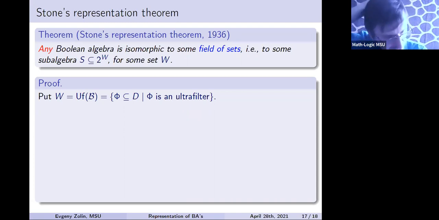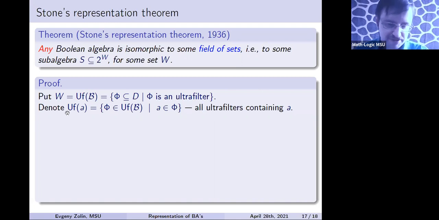The same criterion holds: a filter is prime if and only if the intersection, or in this case the conjunction, of elements from the filter belongs to this filter, and so on. So some ultrafilters are principal, some are non-principal, but this doesn't matter. We take all of them here.